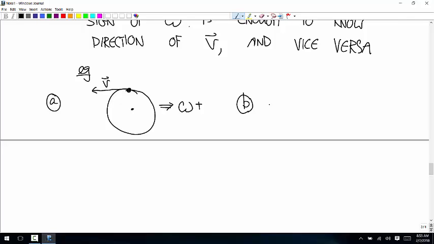And if you know omega is negative, that means it's moving clockwise. And so if you're interested in the point here, and you know that the object is moving clockwise around the circle, you know the velocity is like that.